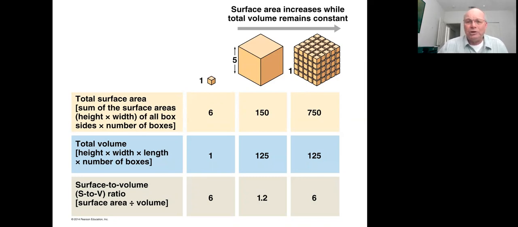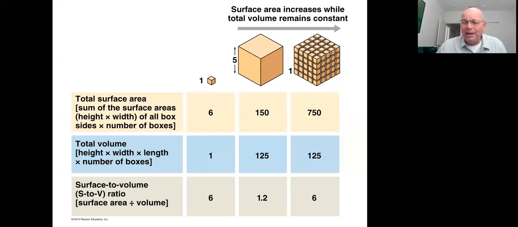And then sequester or isolate certain parts of the cellular chemistry into those compartments, the organelles, so that they can specialize in particular types of cellular chemistry and therefore become far more efficient and effective at doing that chemistry. And again, we can see this reflected in the surface area to volume ratio.